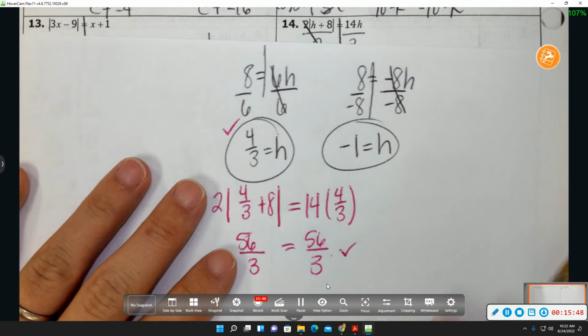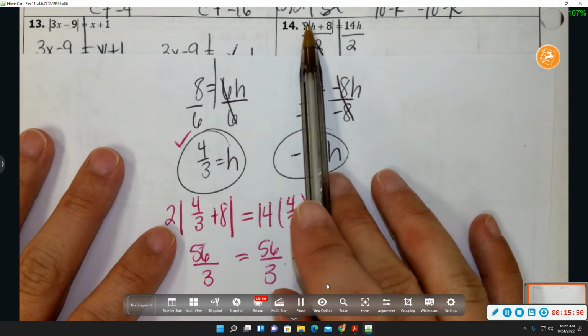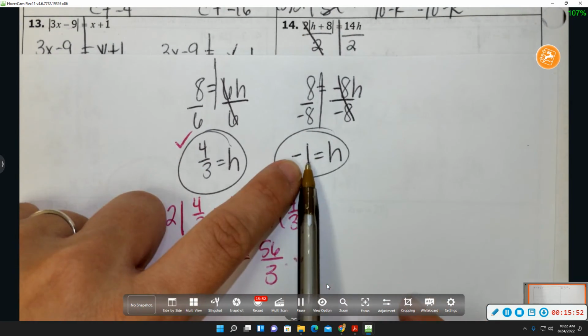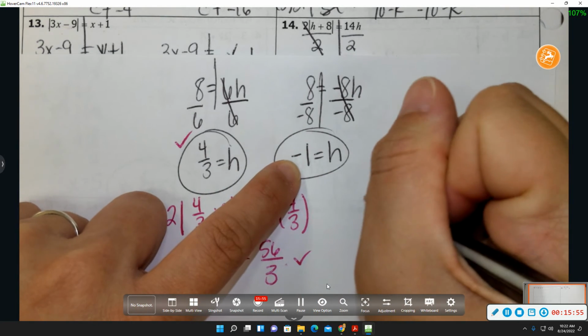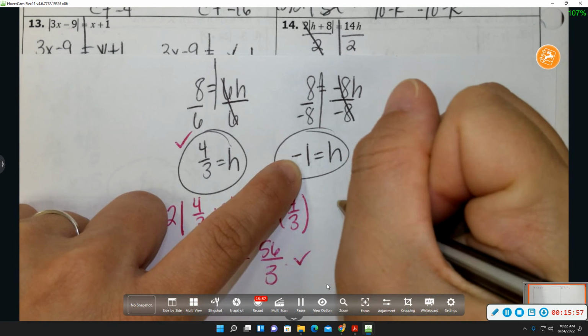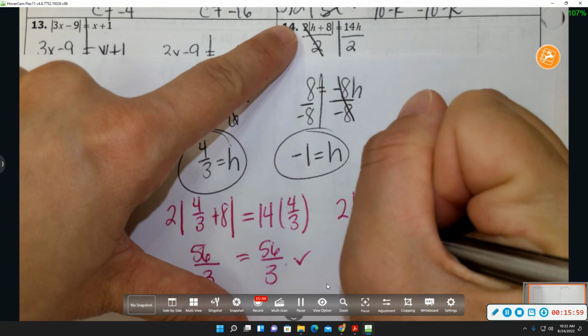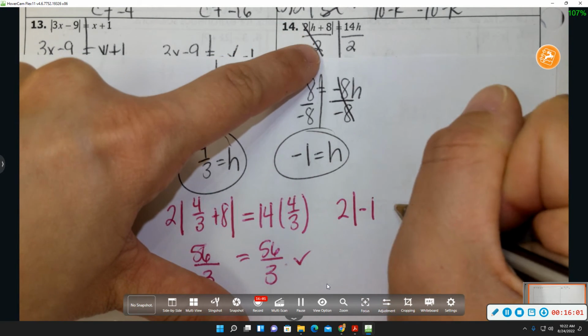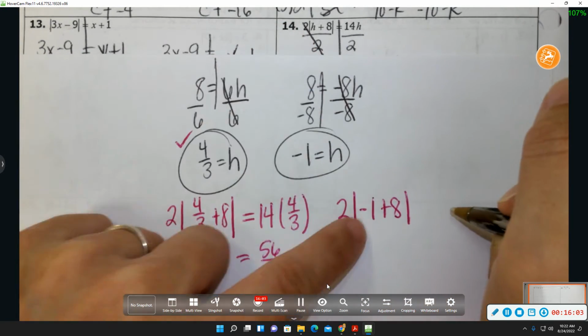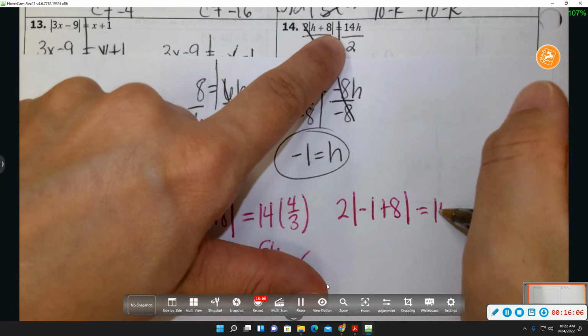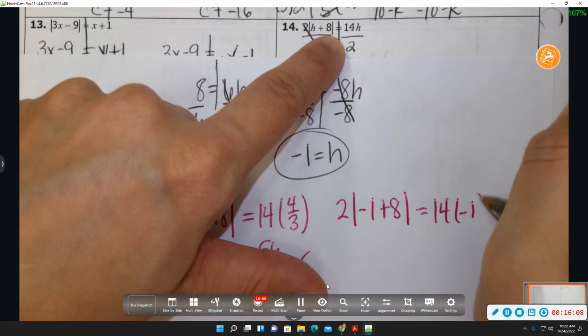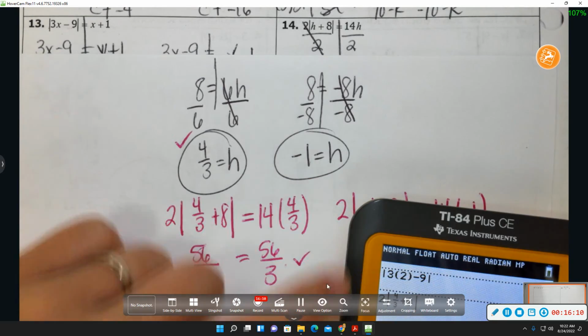So now I'm going to do the same thing using this equation, but now I'm going to try -1 for my h. So I will say 2 absolute value of -1 plus 8, and that should be equal to 14 times h, which is -1.